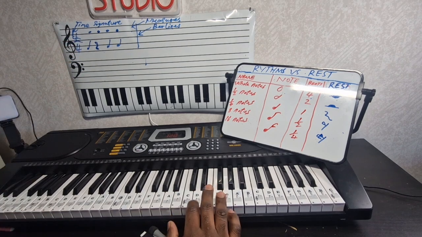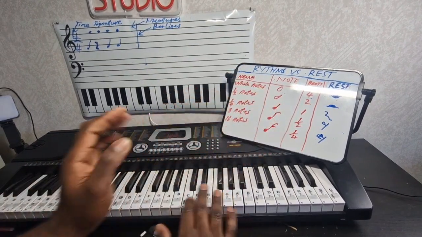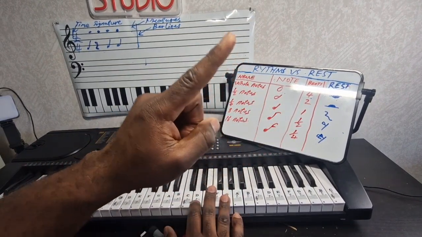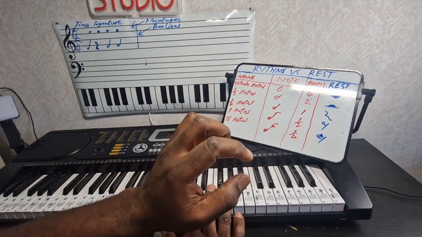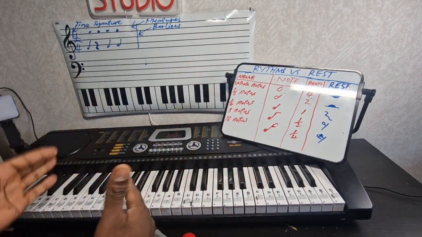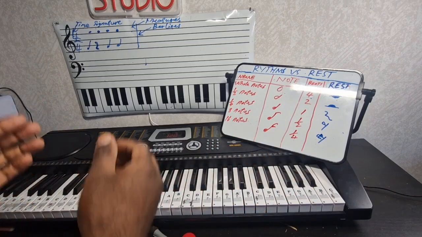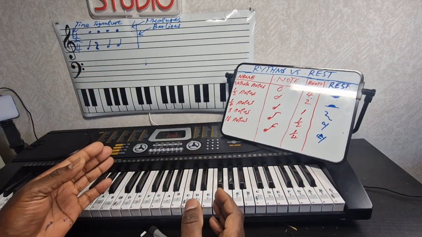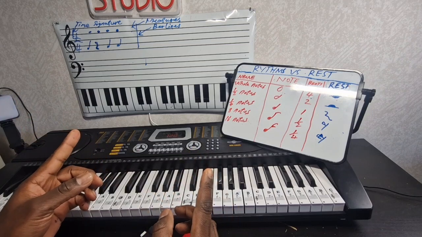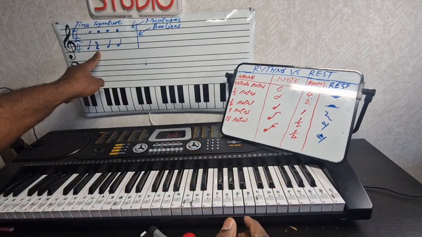So let's try it one more time. That's 4. So we play in that interval. So 1/4 note, you rest for 1 beat, and then you play 2 1/4 notes. That's the meaning of this.